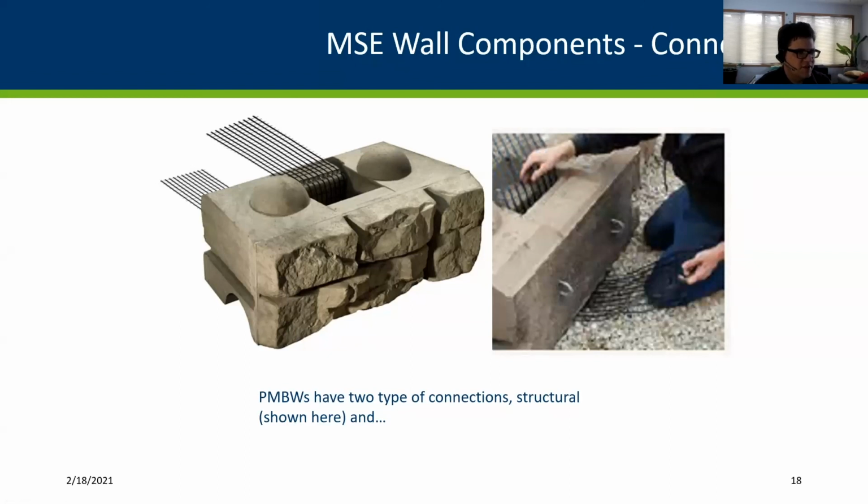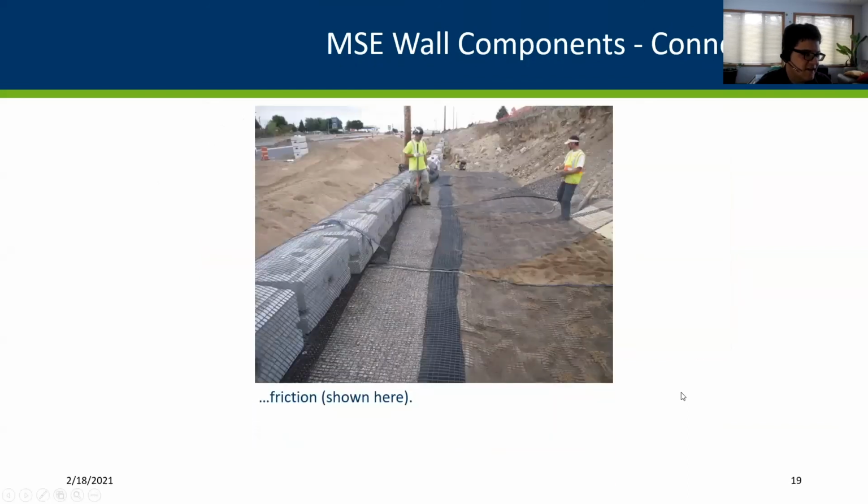The geogrid will then be pulled into 2 layers. And that's a structural connection, or it might just be a friction connection. So a friction connection is just simply you lay out the mats of the geotextile reinforcing, and then you sandwich it between 2 blocks. So those are something you might see.